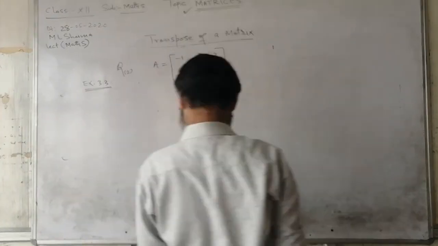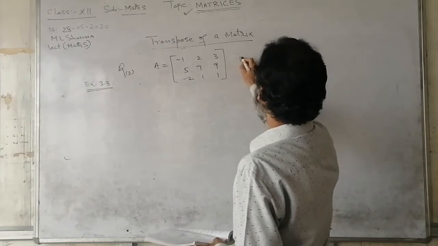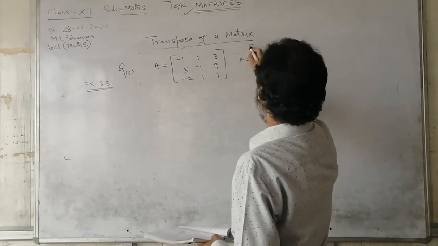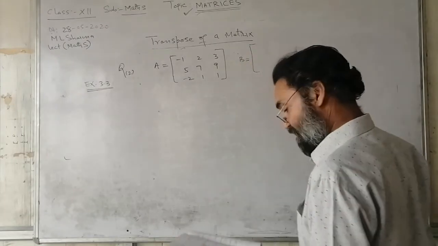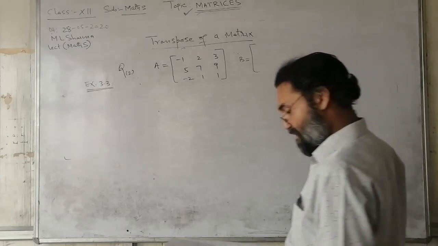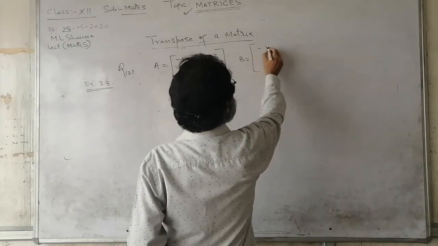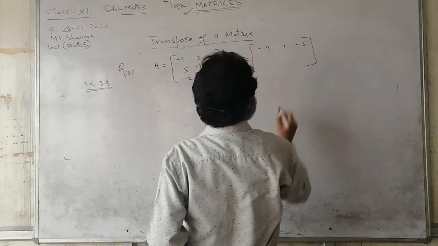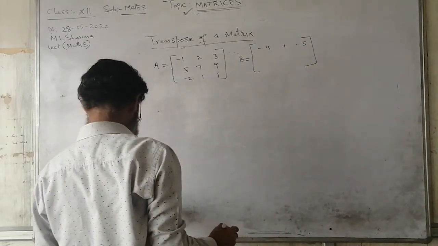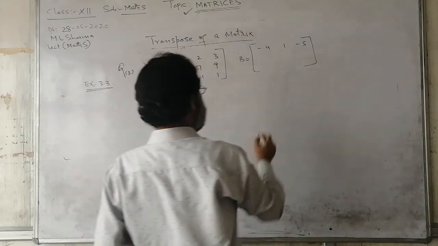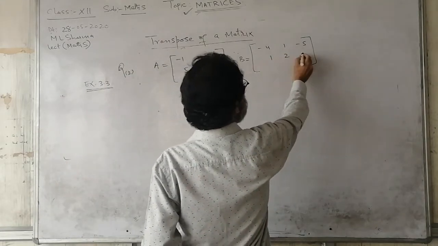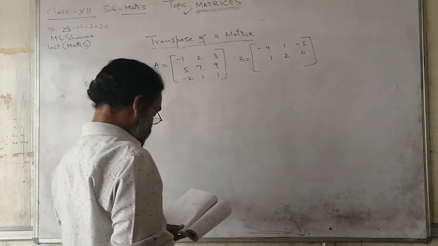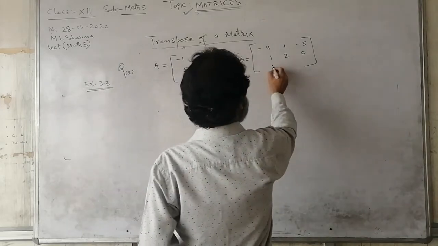Another matrix B is given, its elements are minus 4, 1, minus 5, then 1, 2, 0, and the third row elements 1, 3, 1.